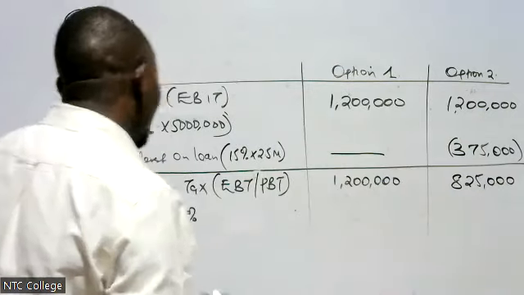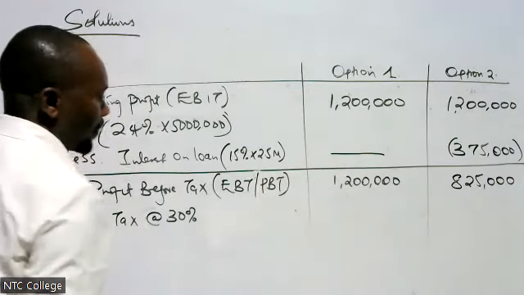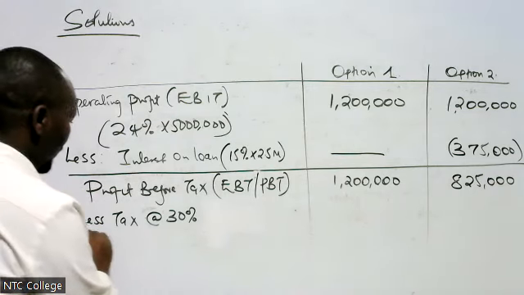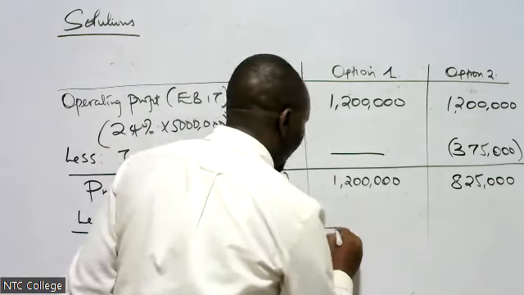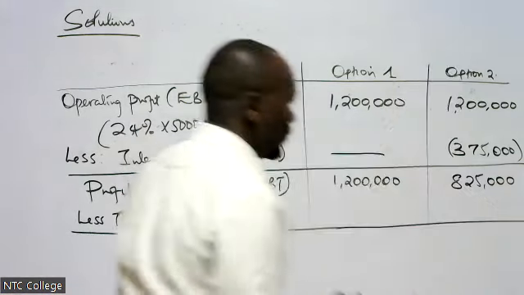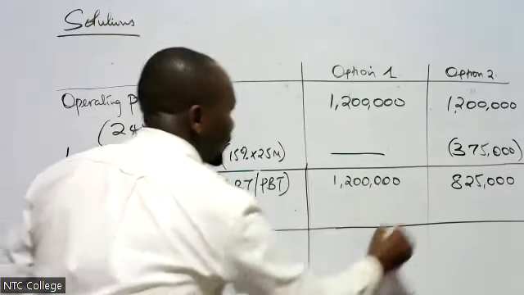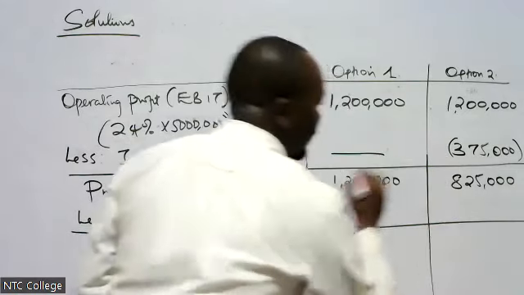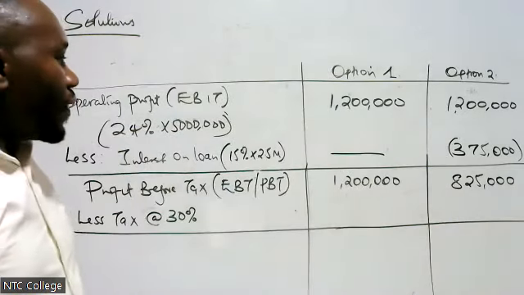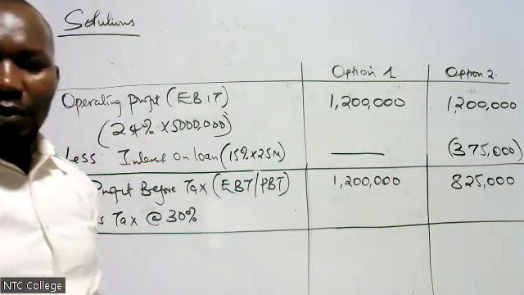Now get the tax, 30% of each. Thirty percent of this. So how much?